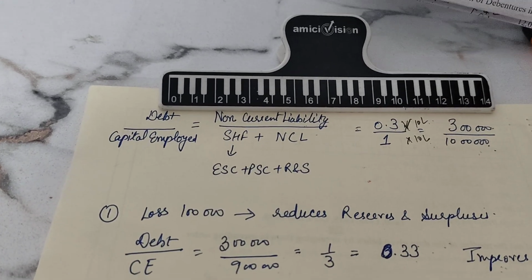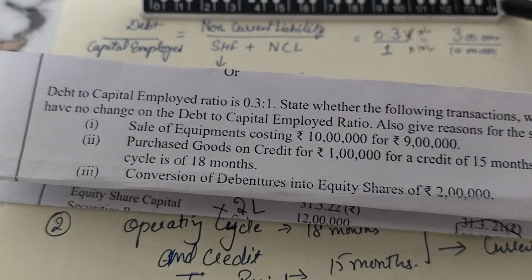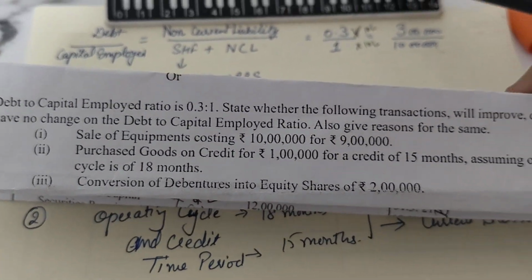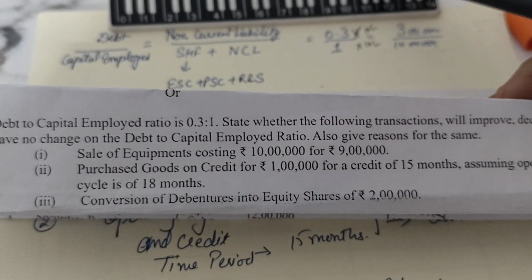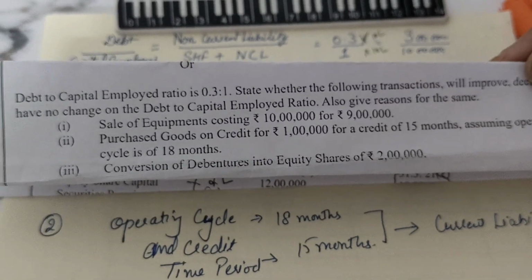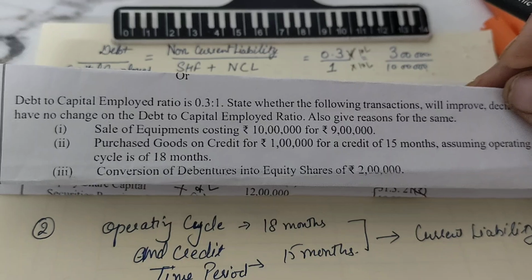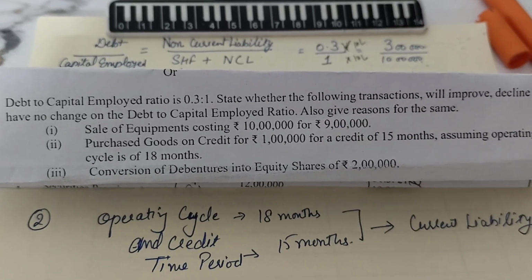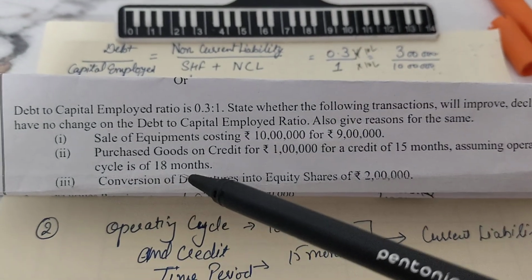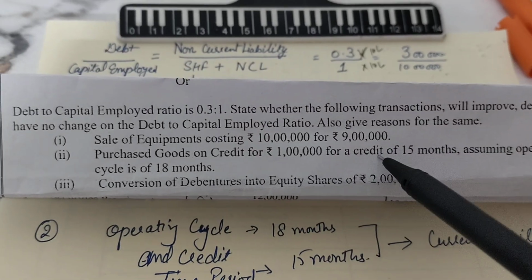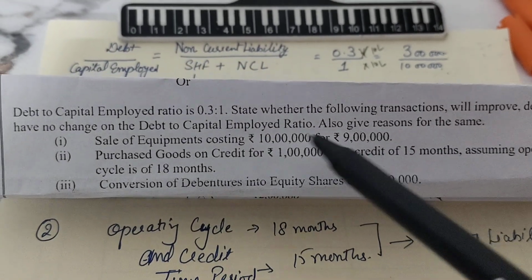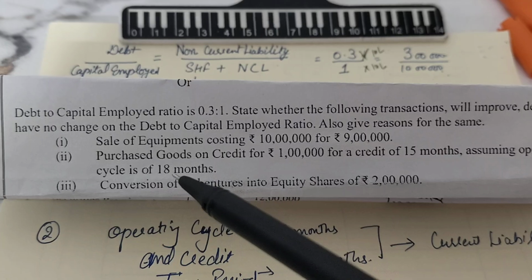Now the second point in the question was: purchase goods on credit for rupees 1 lakh for a credit period of 15 months, assuming the operating cycle is 18 months. When your operating cycle is longer and your payment lies within that period, it is a current liability.